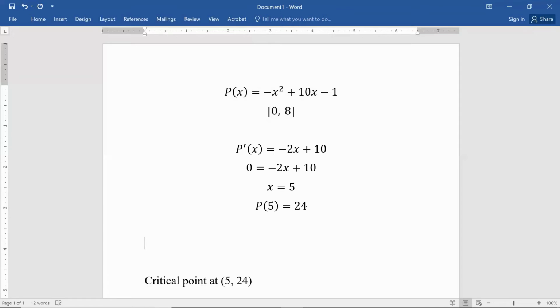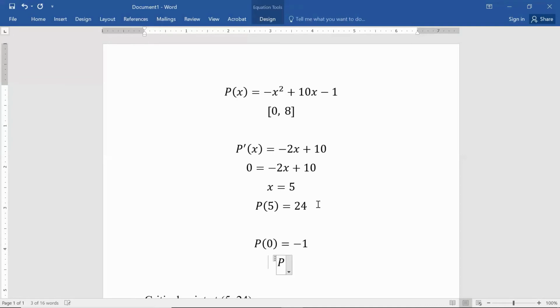So let's plug in a 0. P of 0 will give you a negative 1. And let's also plug in an 8. Again, I'm doing this into the original function. So negative 8 squared plus 10 times 8 minus 1 gives me a 15.